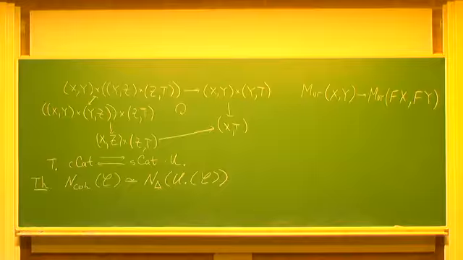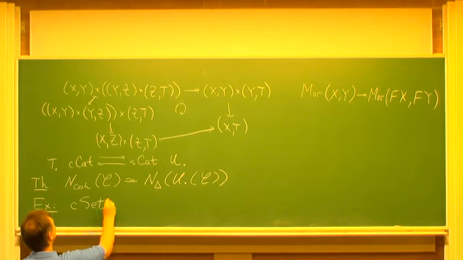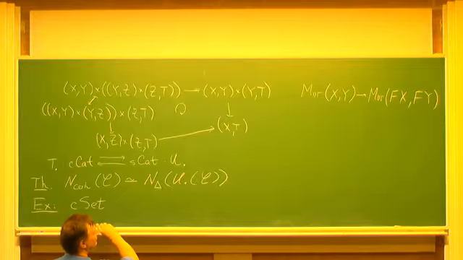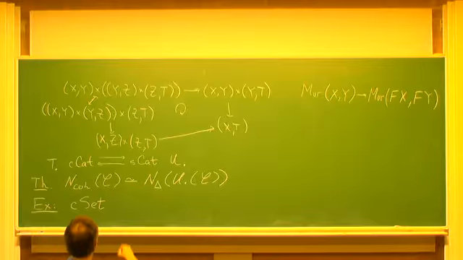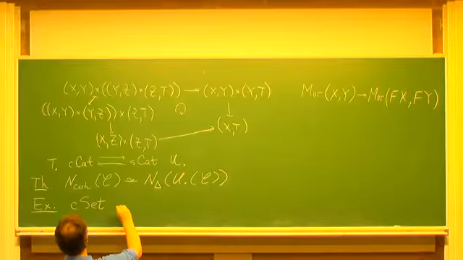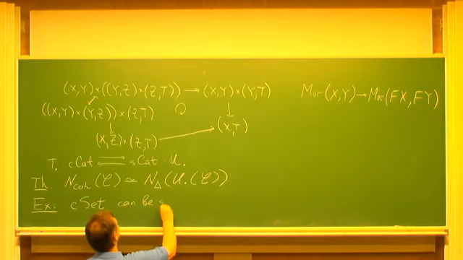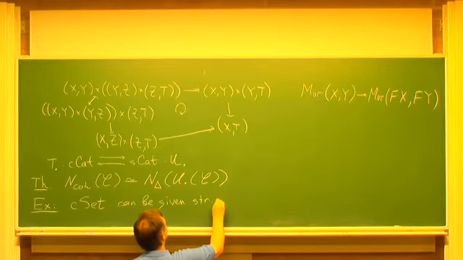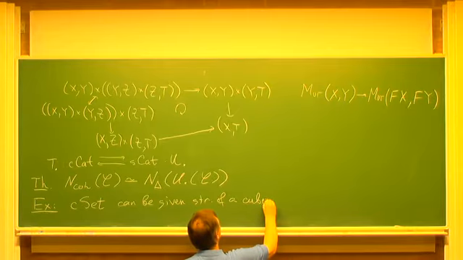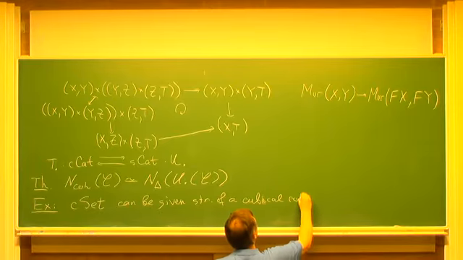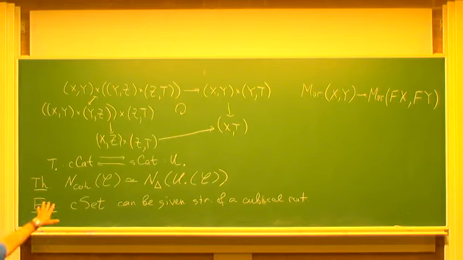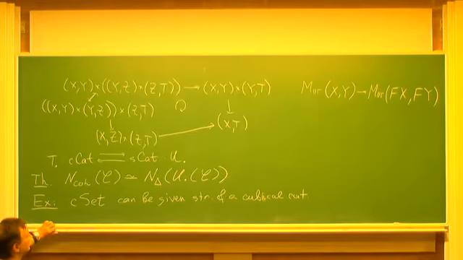So we have examples. The category of cubical sets can be easily extended to a cubical category, given the structure of a cubical category, and it plays a special role in this theory as one develops it further.